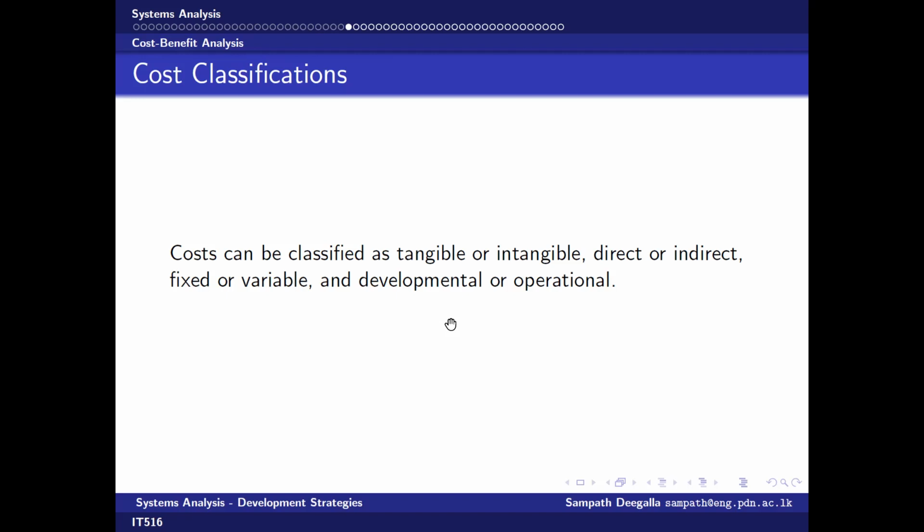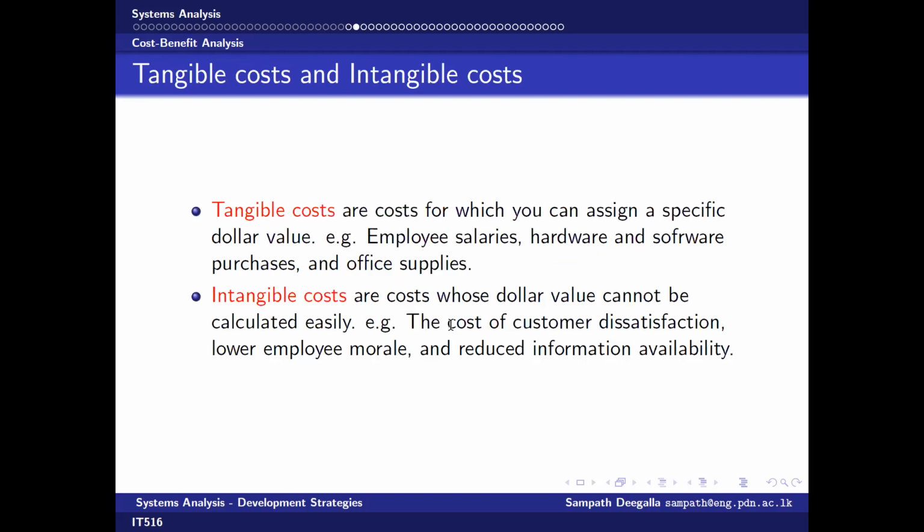Now, when you talk about tangible, that means you can specify a specific dollar value. When you say salary, it's fixed. Hardware, you have a particular amount. Software, that particular amount. And intangible means things that you cannot calculate. For example, customer dissatisfaction. Customers are not happy with the service or the product that we deliver.